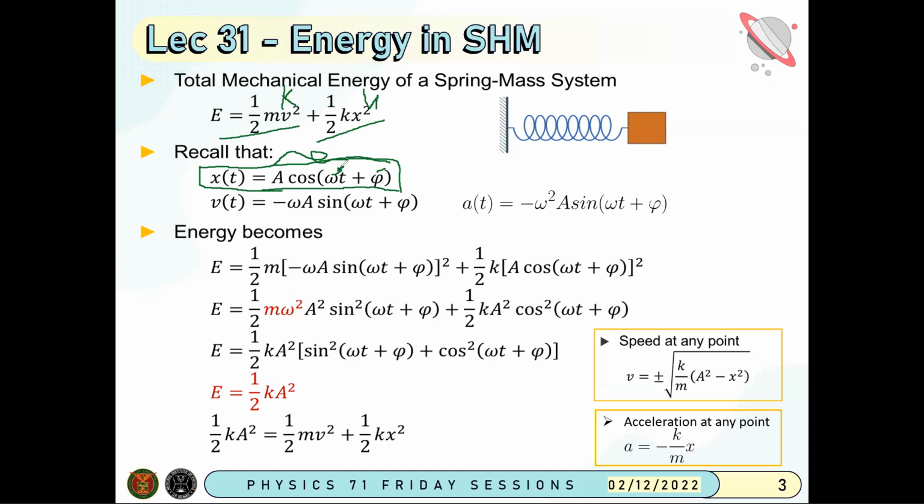Now, to get the velocity for any simple harmonic motion, kukunin lang natin yung derivative nung x of t, right? So again, remember from your very first lecture, v is dx over dt or delta x over delta t.